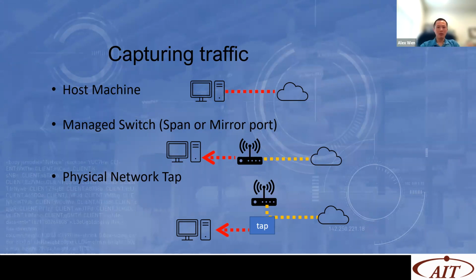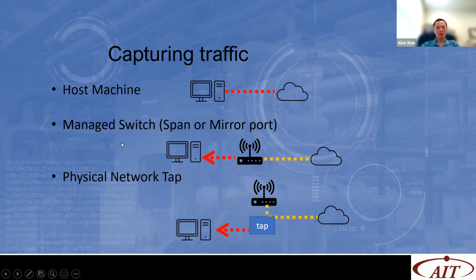If you're just using it to, let's say, browse the internet, which I just have a cloud as a generic icon, you're going to be able to capture basically everything you're doing on your laptop. Let's say you're browsing Google and you hit the capture button on Wireshark, you will see the traffic coming in, everything from your computer to the cloud.